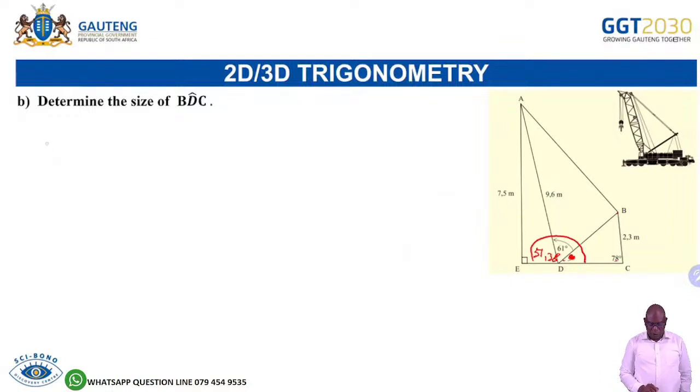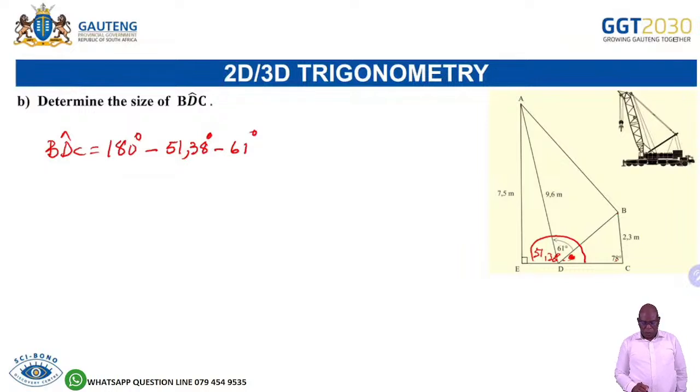So BDC will be equal to 180 degrees minus 51.38 degrees minus the 61 degrees. Therefore the angle that I'm going to get is 67.62 degrees. Right, done.